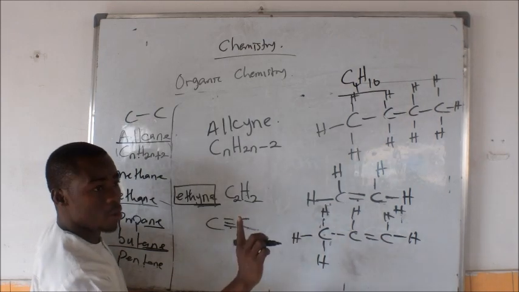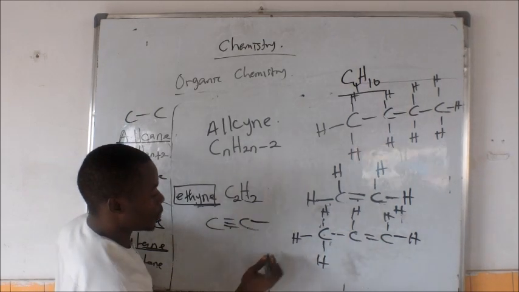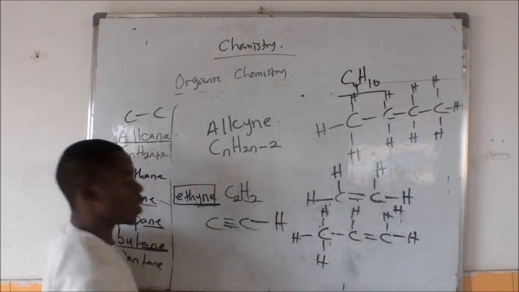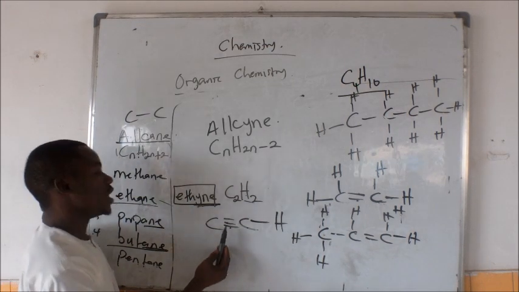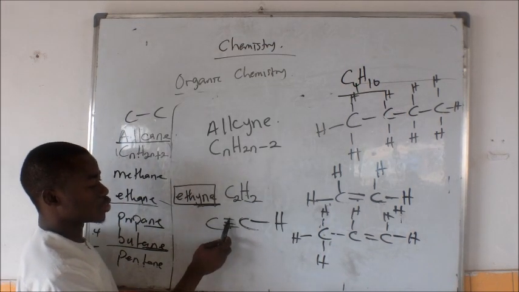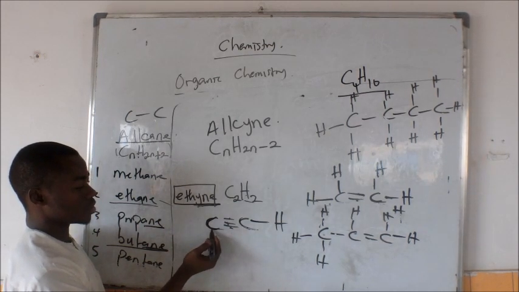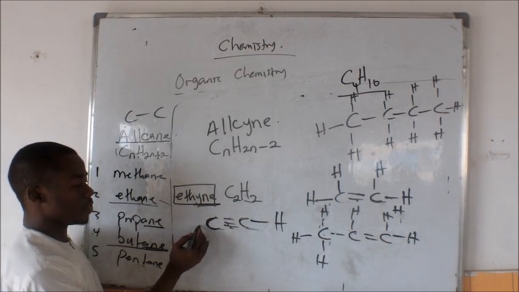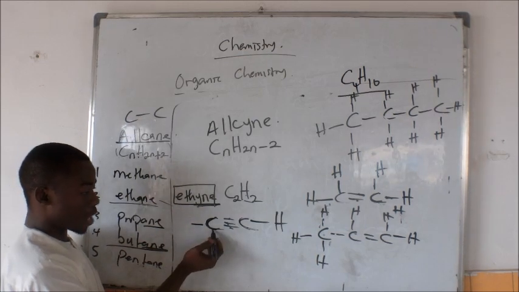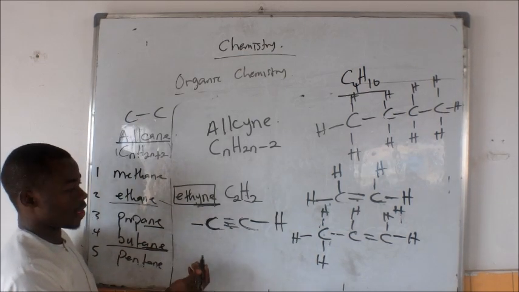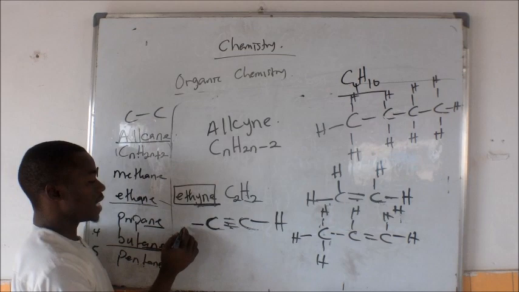That means 1 more bond. You put the bond here, then you put your hydrogen. Meaning that the total number of bonds surrounding the carbon here is 4. Here too, how many bonds are surrounding this carbon? 3 already. Then you need how many bonds? 1. That bond you can put here, you can put it anywhere. So if it is here now, you put what?